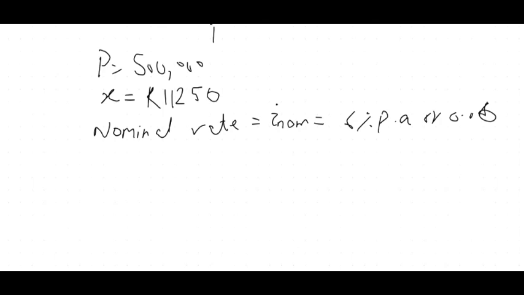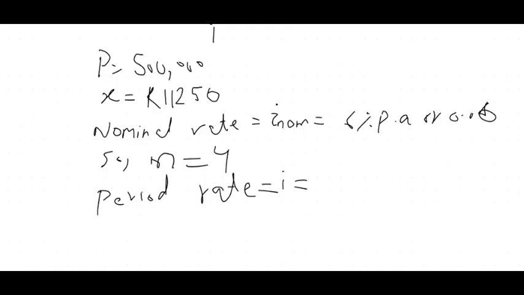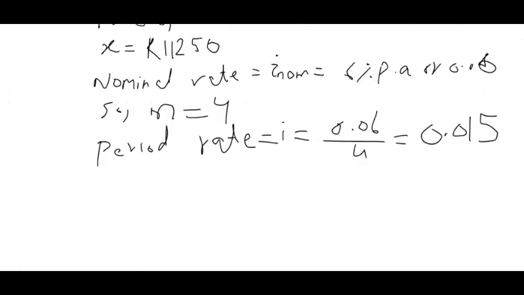Now we have to calculate the period rate. It is denoted by i, and i equals 0.06 divided by 4, which gives 0.015. We need to find the number of withdrawals n.